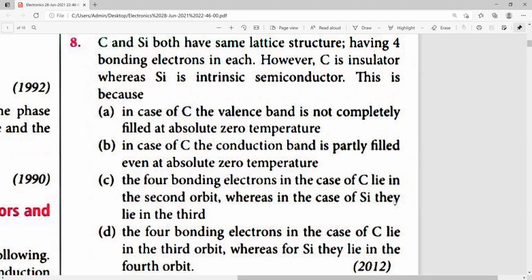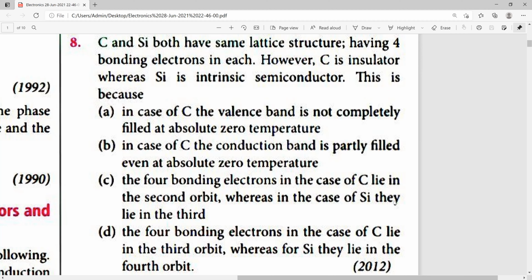Second option, in case of carbon, the conduction band is partially filled even at absolute zero temperature. Third one, the 4 bonding electrons in case of carbon lie in the second orbit, whereas in case of silicon, they lie in the third one. Fourth option, the 4 bonding electrons in case of carbon lie in the third orbit, whereas in silicon, they lie in the fourth orbit.